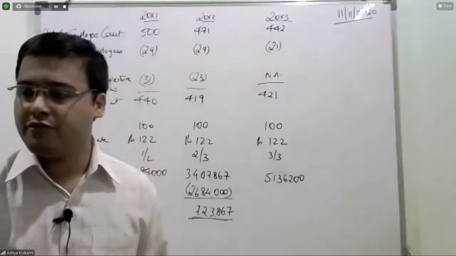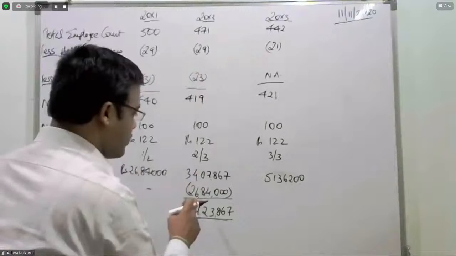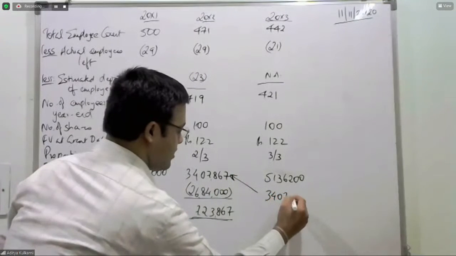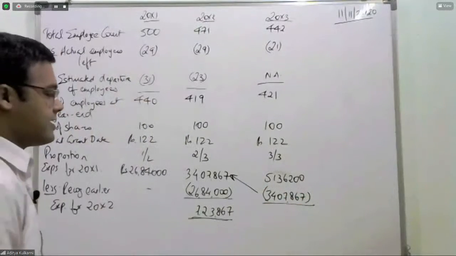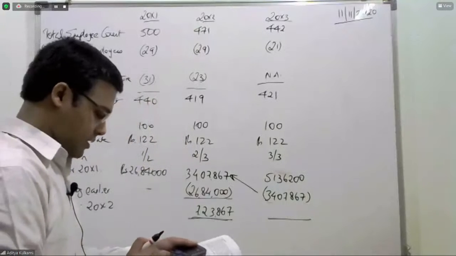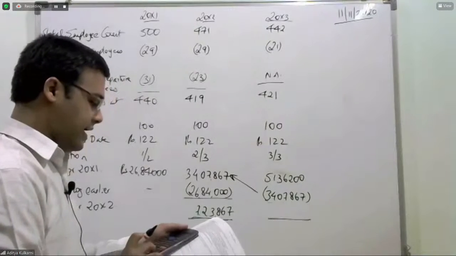51,36,200. Out of that, how much is met at the end of year 2? You have recognized 34,07,867. So how much will you recognize as expense for the third year? 51,36,200 minus 34,07,867.